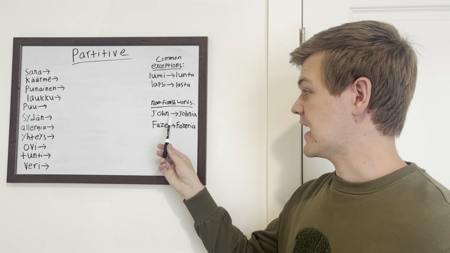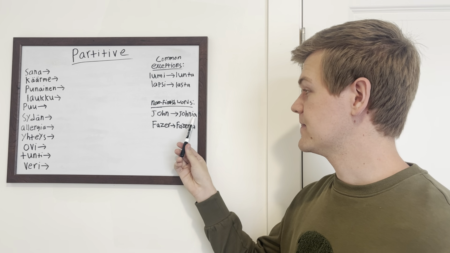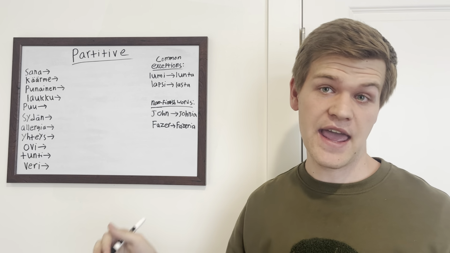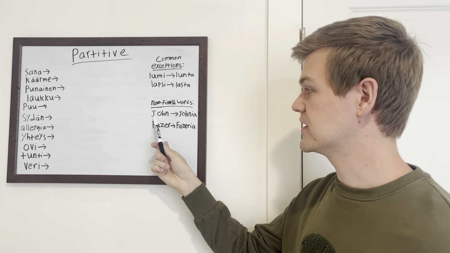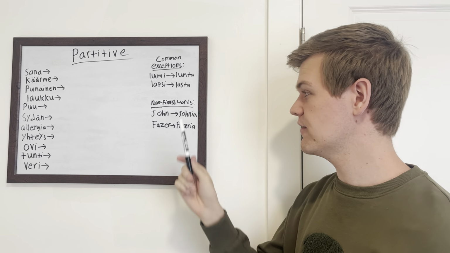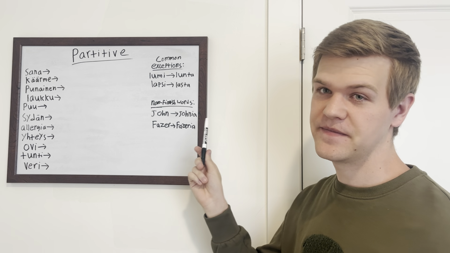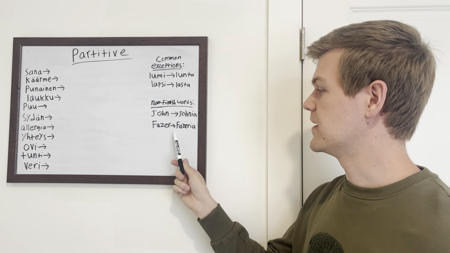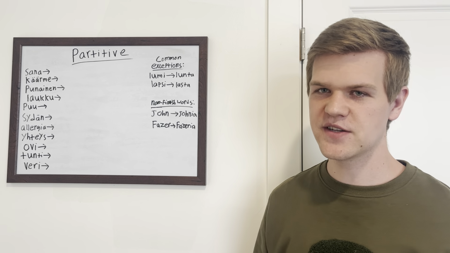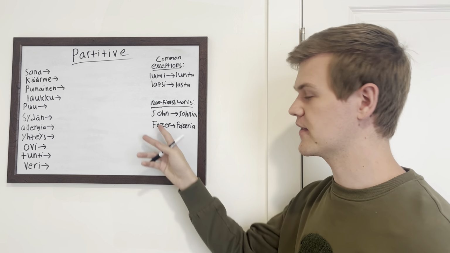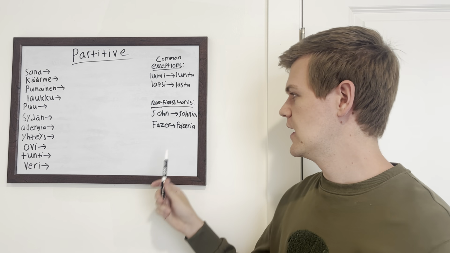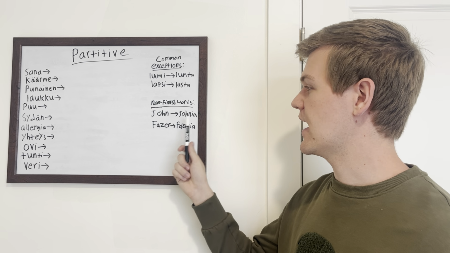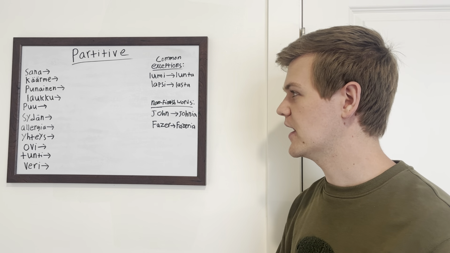You're just going to act like it has that I already, and the I is not going to change, so you can just add an A after the I. So if I want to put the name John into partitive, I'm going to have Johnia. Just add an I-A at the end, or Fazer would be Fazeria. So if it's not really a Finnish word, it's some sort of name or maybe a company, then oftentimes you'll just add an I-A at the end to make it into partitive.